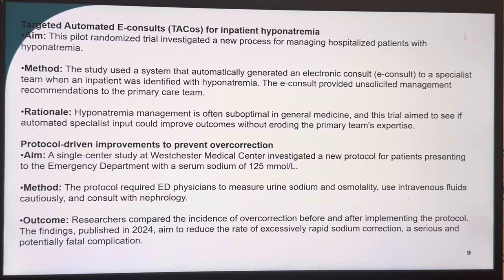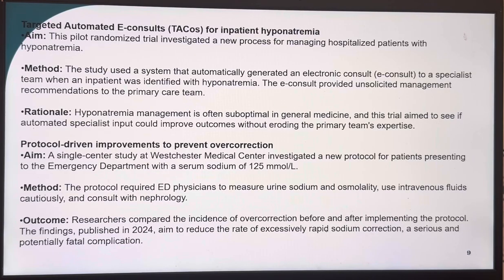Usually, whenever you see hyponatremia they start giving IV fluids, but the nephrologists said that whenever the sodium level is 125, please don't give IV fluids but start doing urine sodium, urine osmolality, serum osmolality, use IV fluids cautiously and immediately consult nephrology. That way the aim is to decrease the incidence of overcorrection.